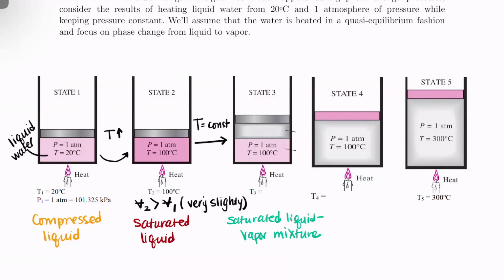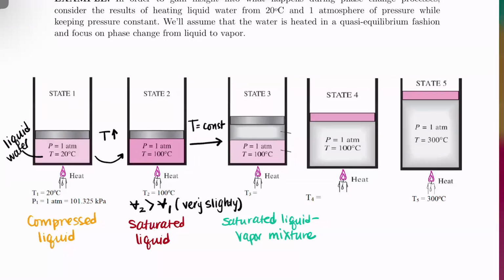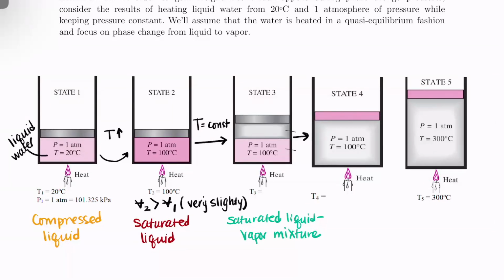Okay. Then going from state 3 to state 4, we still keep our temperature and pressure the same. So this is still a constant temperature. But now we have that all of our water is a vapor. So we call this state a saturated vapor.